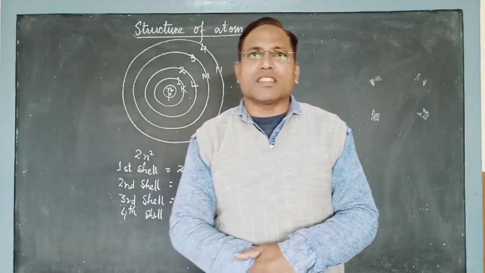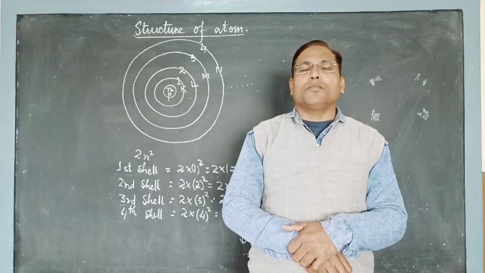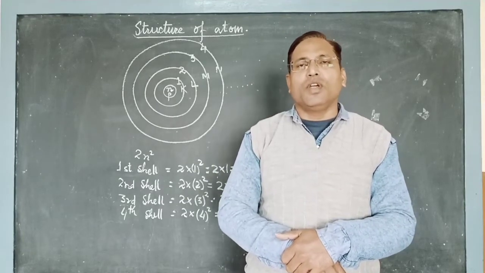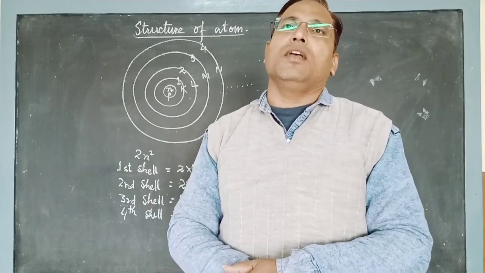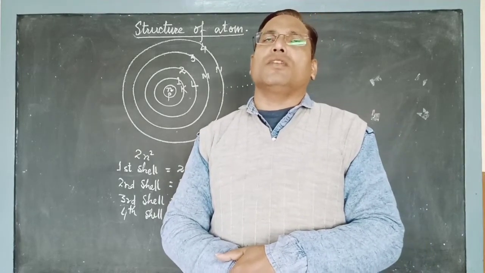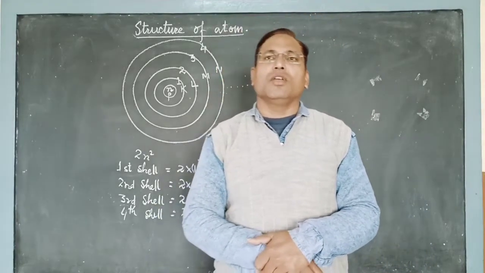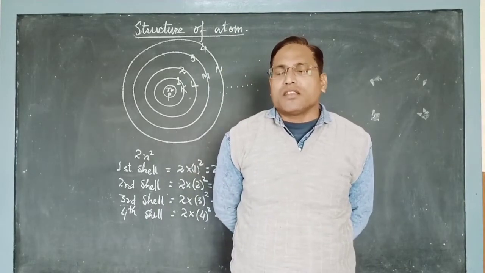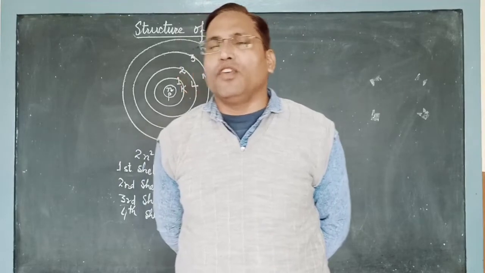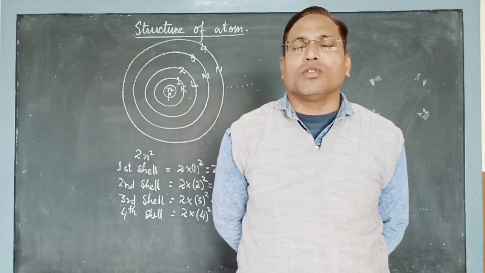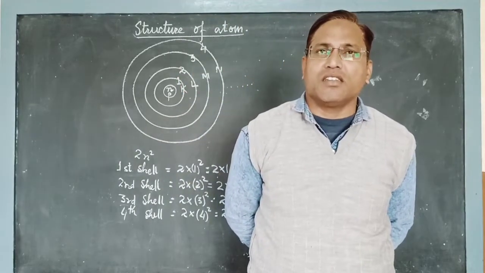That means when the penultimate shell is filled, then only the ultimate shell, the last shell, will be filled. But in class 11 and 12 you will study that there are chances of the next shell being filled even though the previous shell is incomplete.